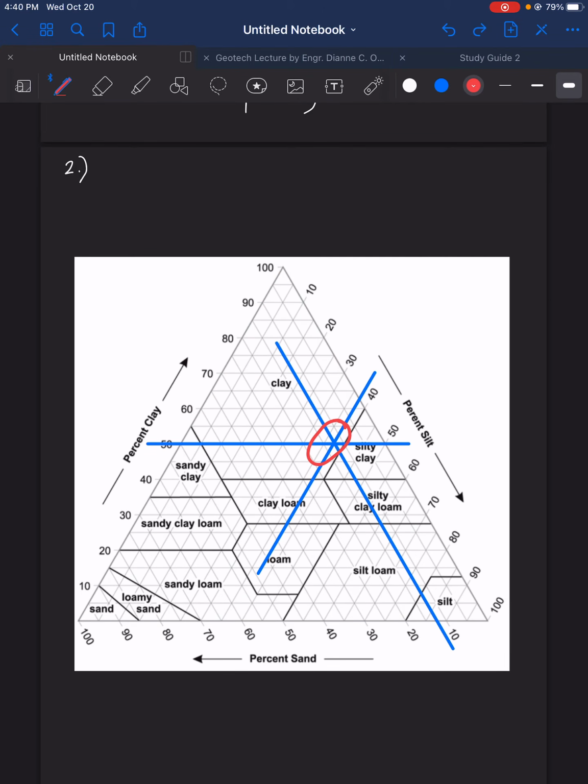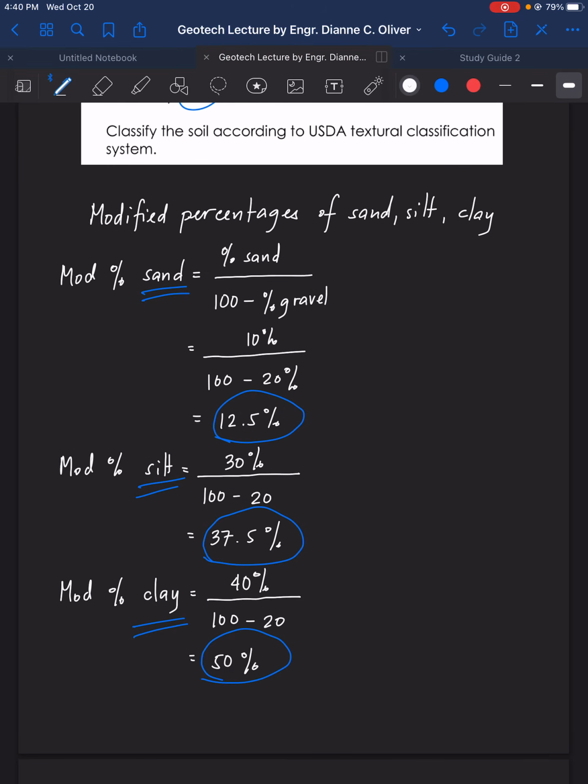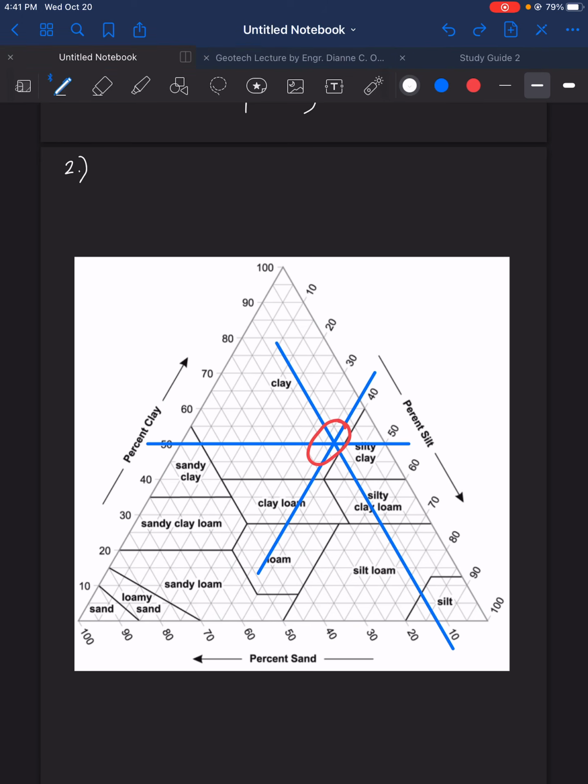Therefore, we can say that the soil is clay. Okay, therefore, the soil is clay based on this classification here.